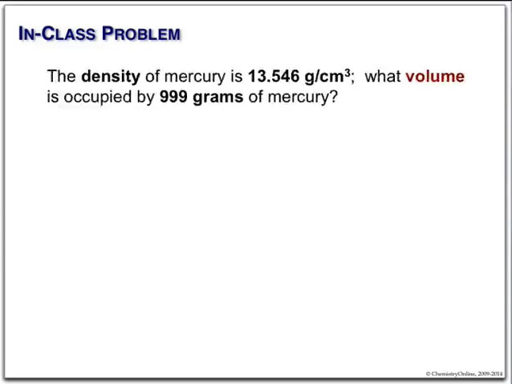All right, we saw the density of mercury was 13.546. What volume is occupied by 999 grams of mercury? Let's set this up using our algorithm.